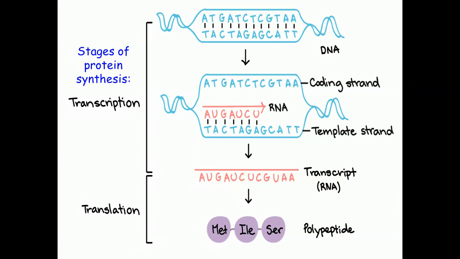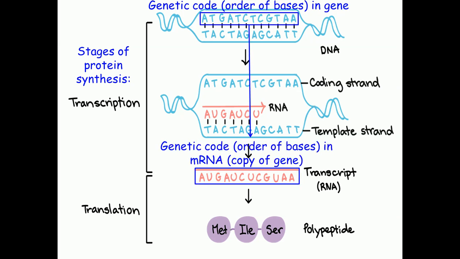So recapping transcription, you first have your gene, and that gene contains the genetic code, the order of bases to make the protein, and then in transcription you are transcribing mRNA, which means that you're making a copy of the gene, and that copy is called mRNA.